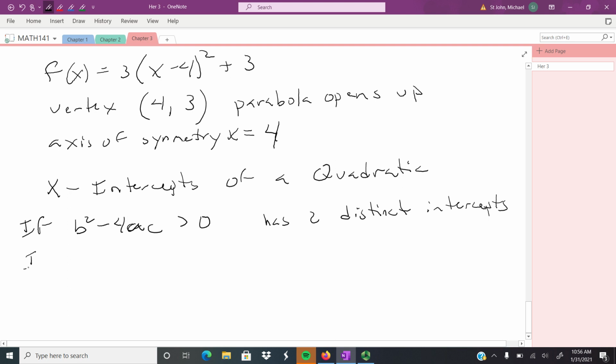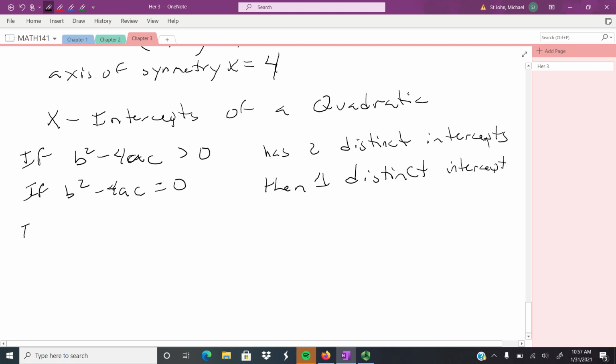If b squared minus 4ac is equal to 0, then 1 distinct intercept. And if b squared minus 4ac is less than 0, then no intercepts.